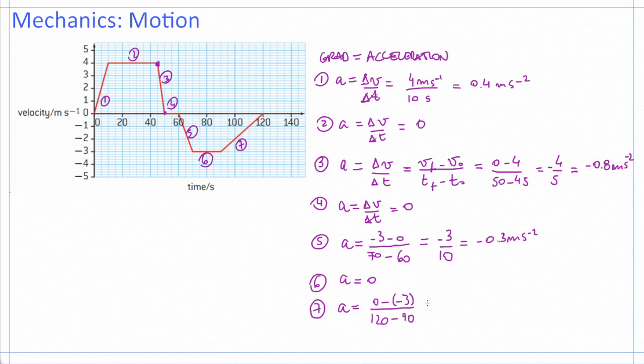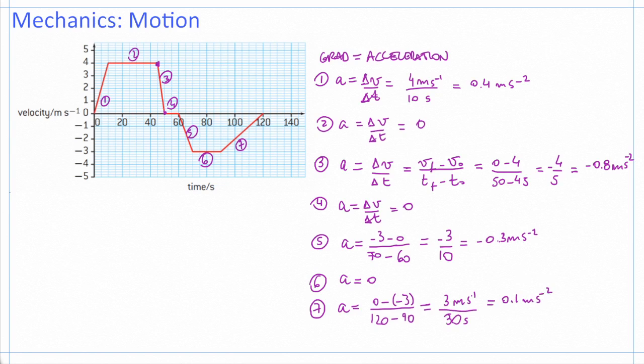So it's 30 seconds, and it's 3 meters per second change in 30 seconds, right? So it's 1 over 10, so that's 0.1 meters per second squared. Alright?